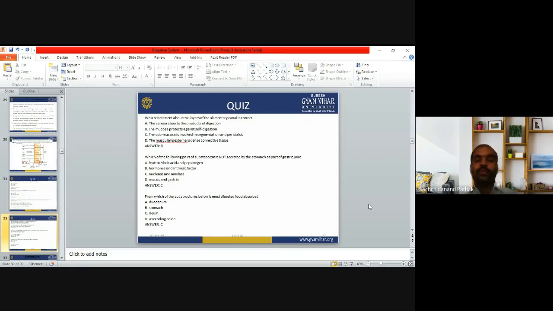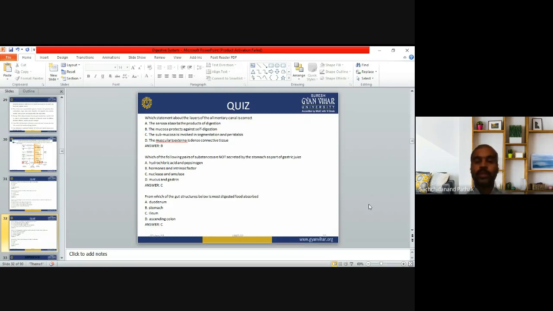Now we have to choose one correct answer. The duodenum is the area where the stomach passes food into the intestine. It comes first, and it is the area where most of the enzymes and juices are secreted through the pancreas, and the bile is also secreted at the duodenum. This helps make the food soupy and helps in digestion.